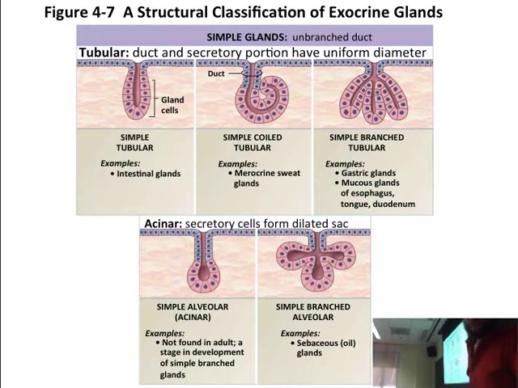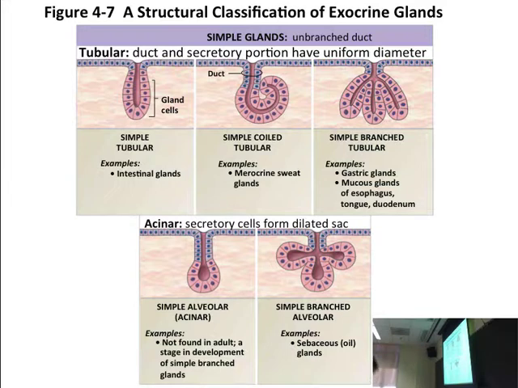All right, so there are a bunch of structural classifications for the exocrine glands. To help you remember those words, exocrine, exo, outside. It's releasing the contents into ducts that are leading somehow out of the body, right?